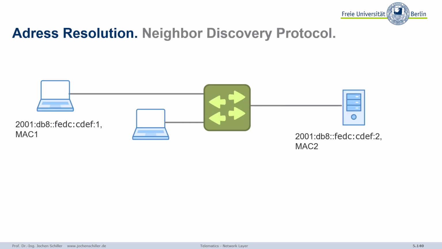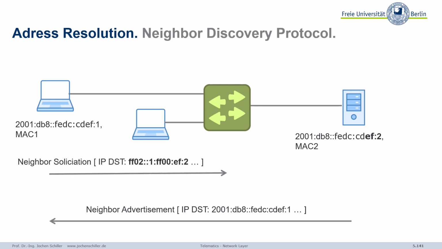Okay, so in this example, we have our computers with MAC address, MAC 1, and you see the long IP version 6 address, and the other computer also with IP version 6 and MAC address. So, okay, if I don't know where the neighbors are, I can do something that's called neighbor solicitation.